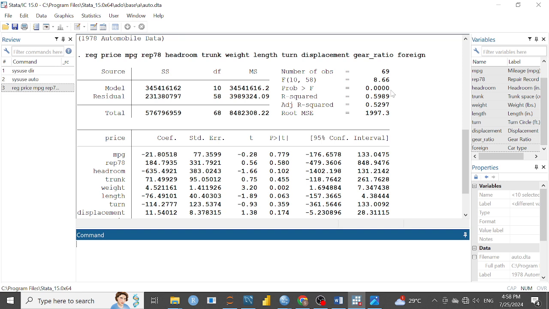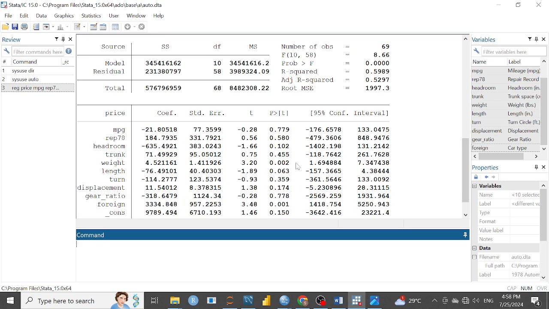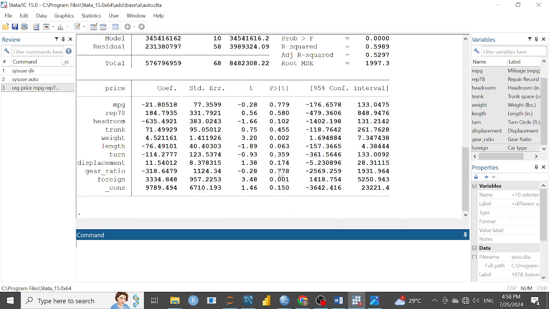Then the significant predictors of car price are just two. They include weight with a p-value of 0.02 and foreign car with 0.001.